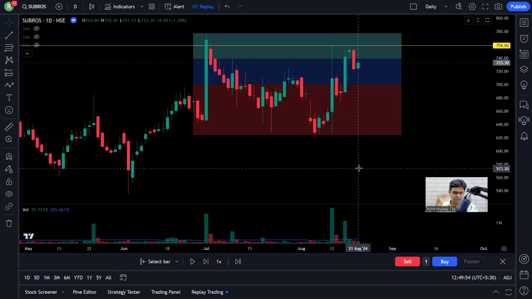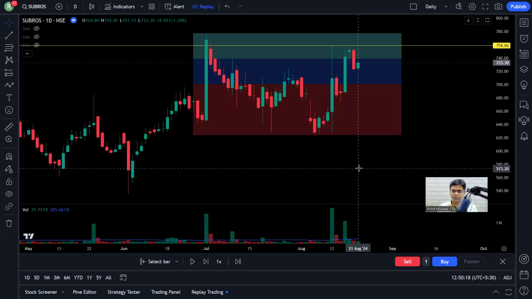The probability that this stock will go up is low, and even after it goes up, the probability that it will sustain there and continue to go up is very low. So I don't want to get into a low probability situation, even if it meets all of my criteria. I want a properly formed, consolidated, tight base towards the right side.